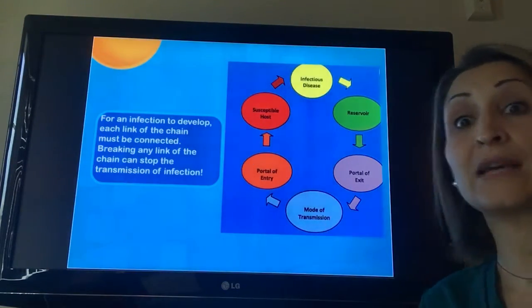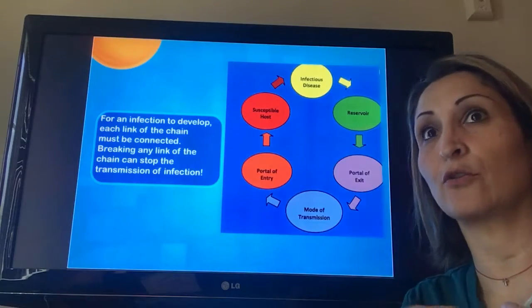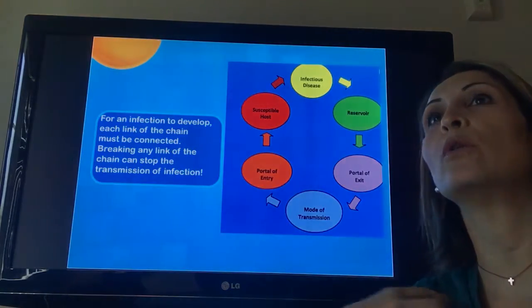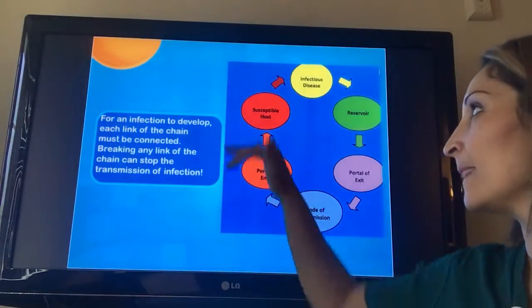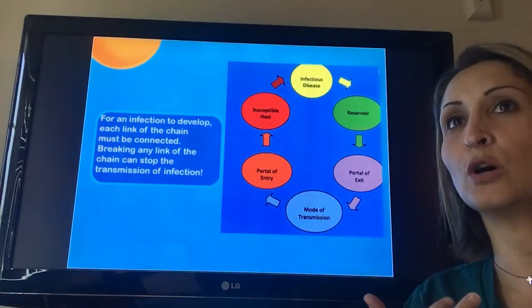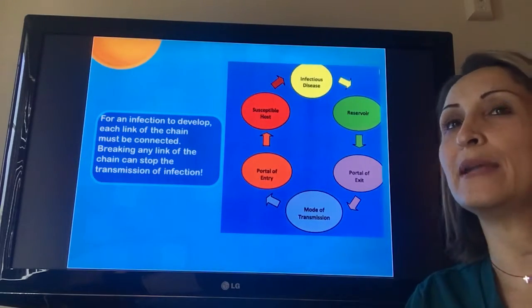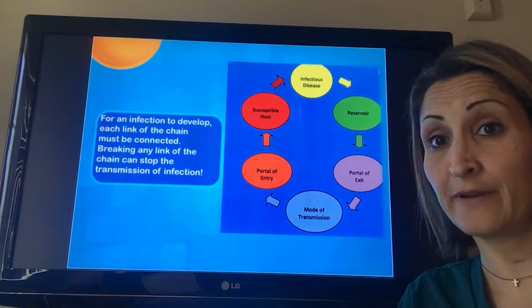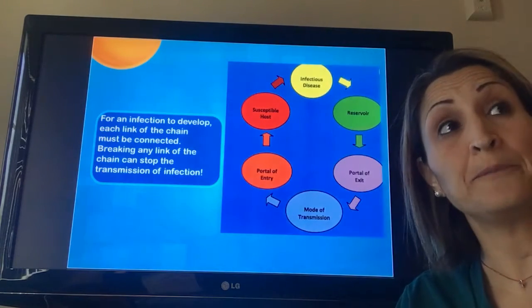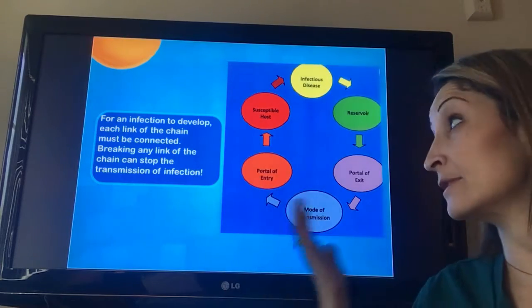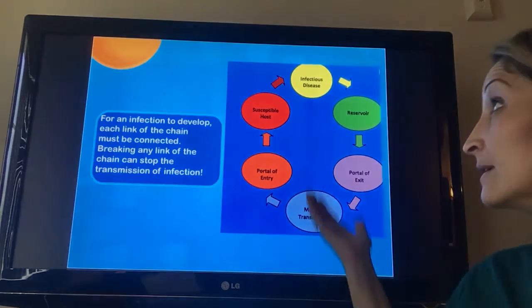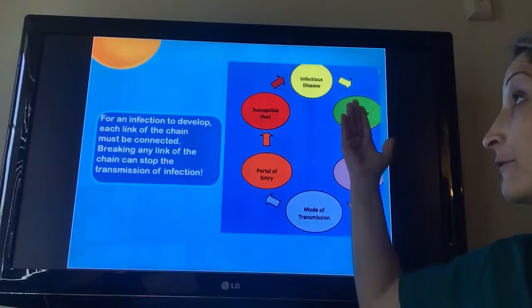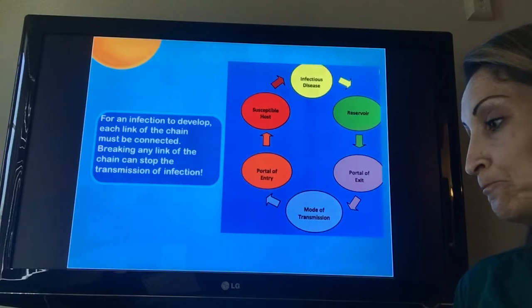The portal of entry is how that person or that organism will enter the body, and the susceptible host will be persons that have low immune defense, low immunity, and are very susceptible to get these organisms or the infectious disease.